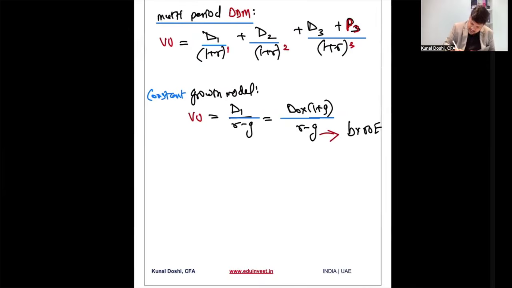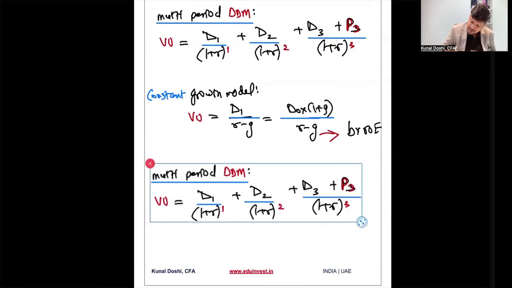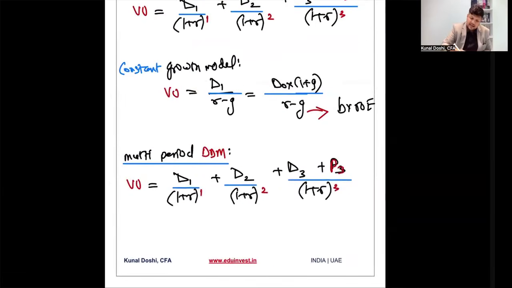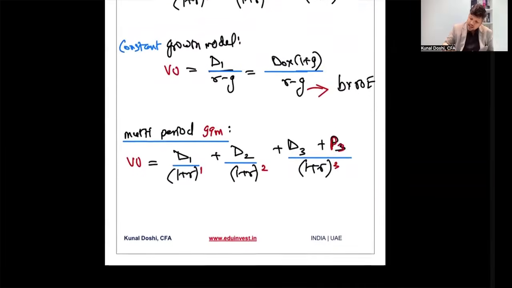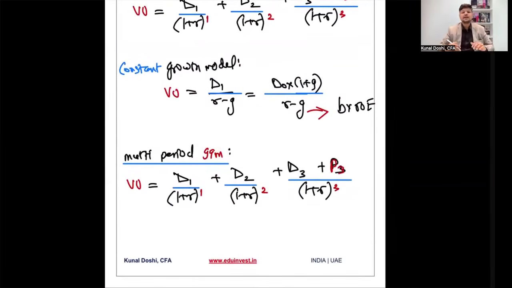If it's multi-stage, I will use the same process that we did. So now from the multi-stage dividend discount model, I will go to the multi-stage Gordon's growth model. In the exam, be ready for 2-stage or 3-stage. In Gordon's growth model, the unique thing is that maybe the company's dividend is growing at 20% for the first 2 years, and then 5% after the third year, etc. Multiple growth rates.